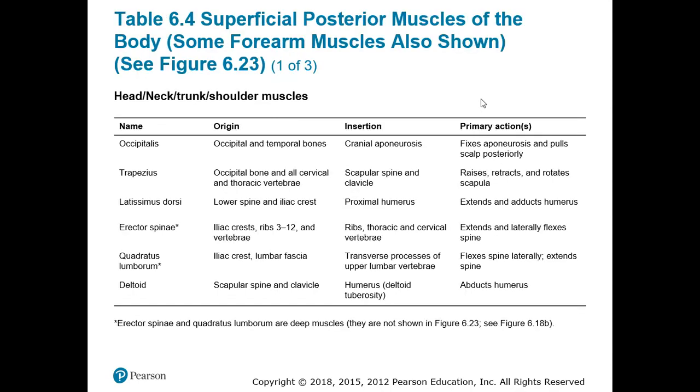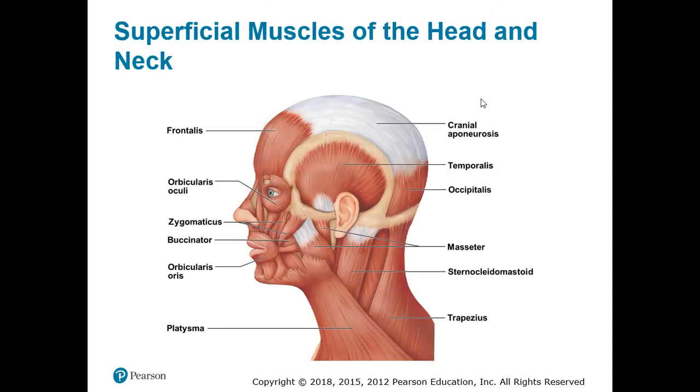Here is also another reference for any head and neck muscles that we'll talk about, such as the occipitalis. I'm going to use this image to focus on and refer to when I talk about the functions of the head and neck muscles. This image is also located in your notes for you to label as a reference point, so please make sure that you label them in your notes.